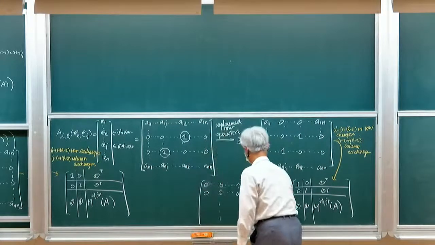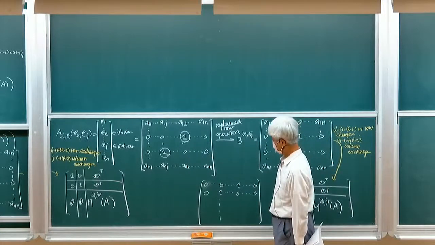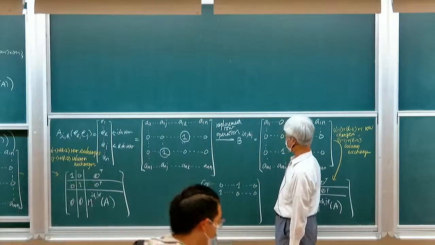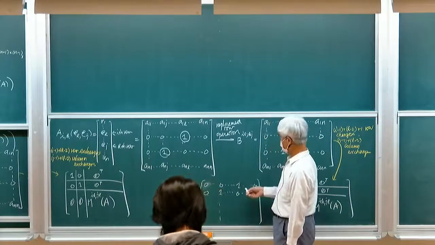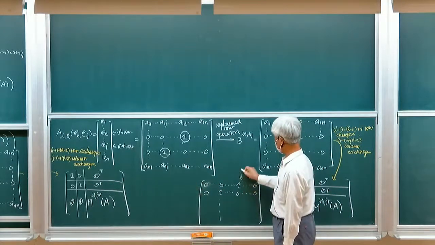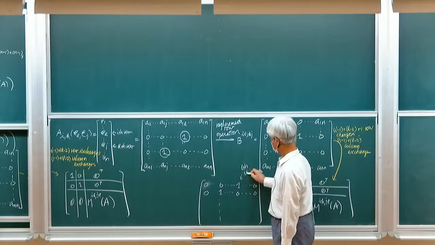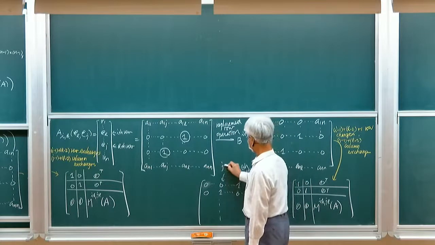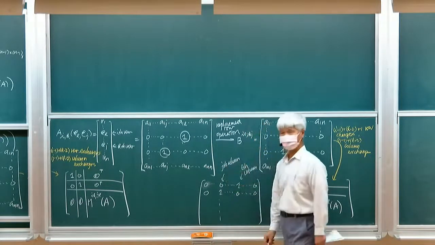You have these two. Now, you may say that this is the L's column, this is the J's column.